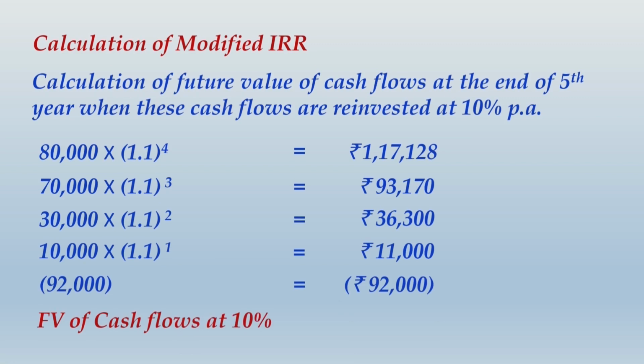When you sum up all these values, the future accumulated value of these cash flows will be rupees 1,65,598 when we have reinvested all these cash flows at 10% discounting rate.